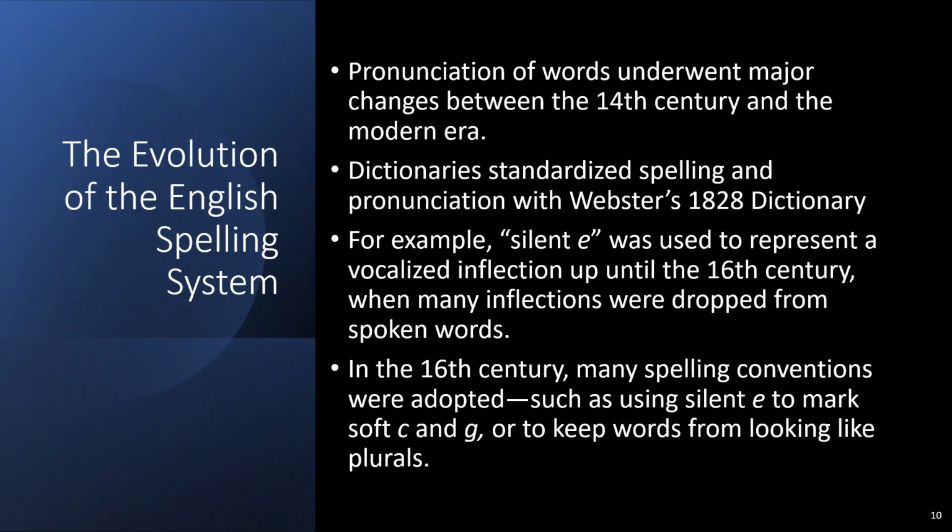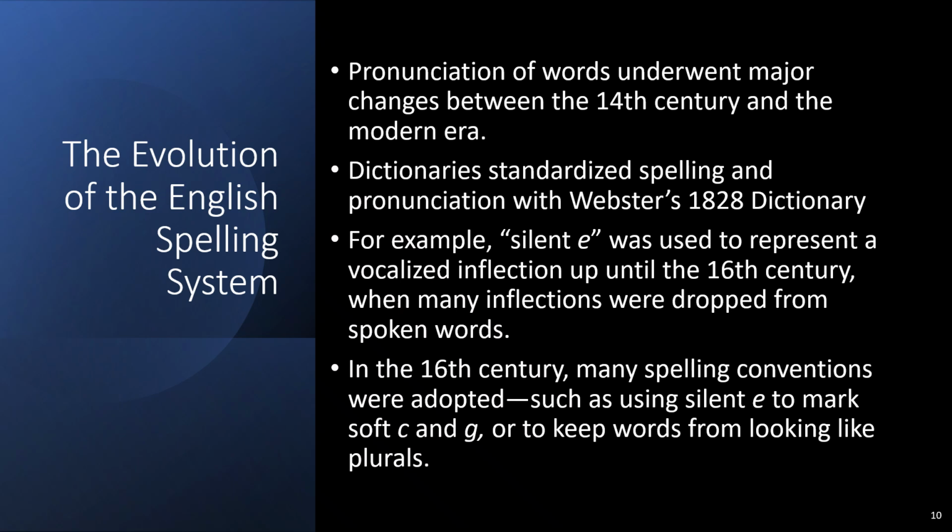This evolved across time. We didn't end up with the spelling system that we have in one fell swoop. The pronunciation of words changed between the 14th century and modern times. Dictionaries were standardized with spellings and pronunciation in the 1800s. So once dictionaries standardized the spellings and the pronunciations, that's where it really started to sort out a bit.